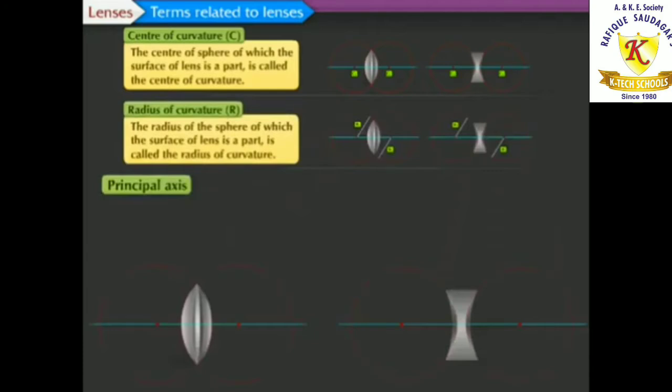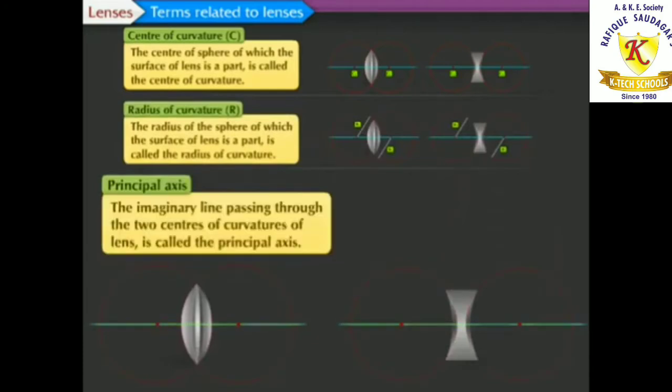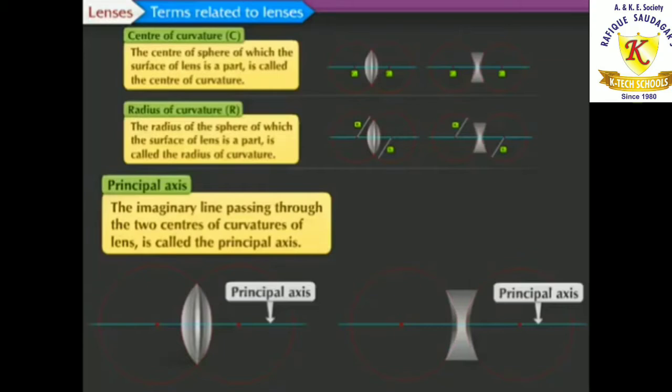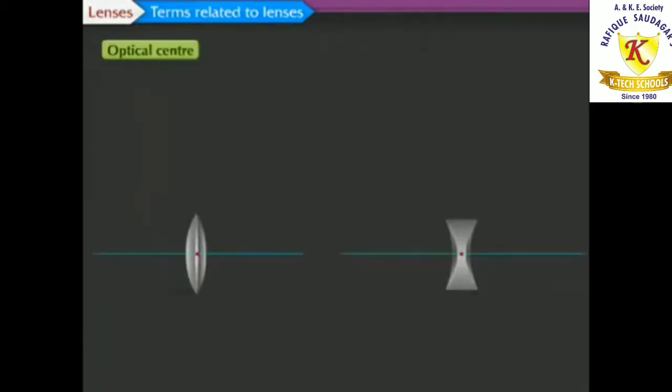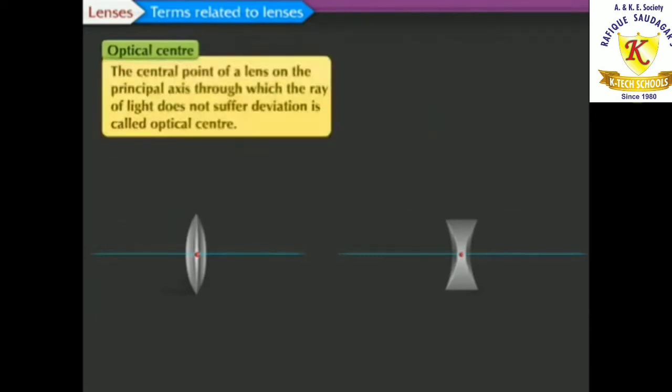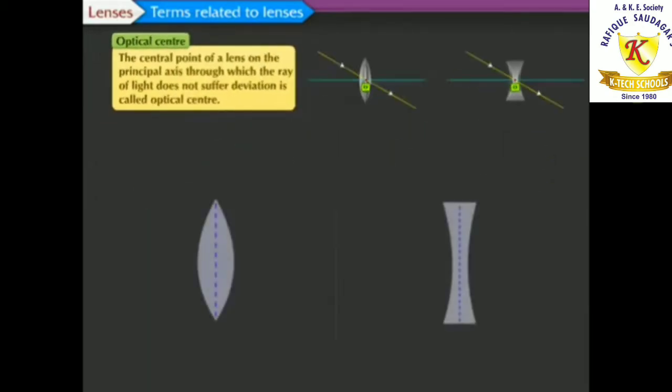Principal axis. The imaginary line passing through the two centers of curvature of the lens is called the principal axis. Optical center. The central point of a lens on the principal axis through which a ray of light does not suffer deviation is called the optical center.